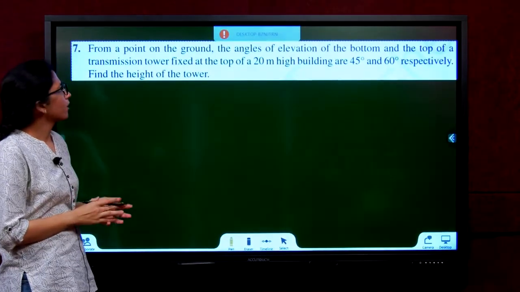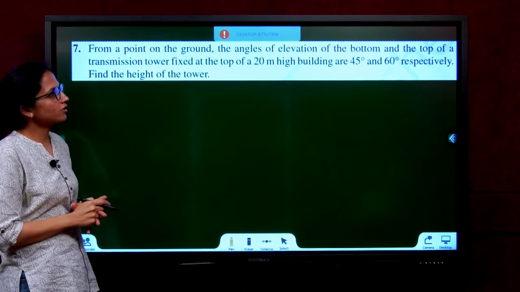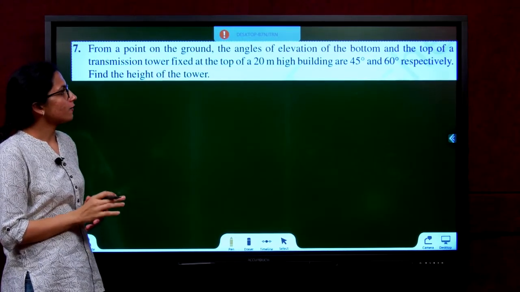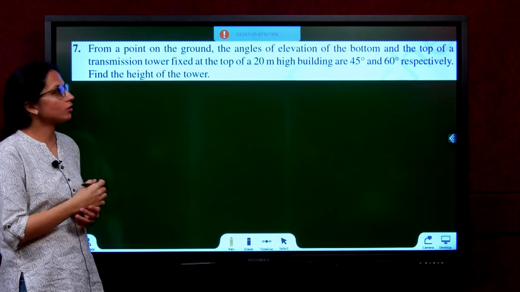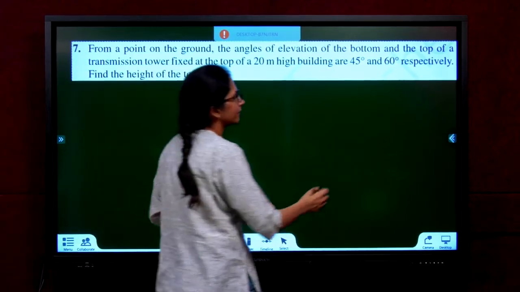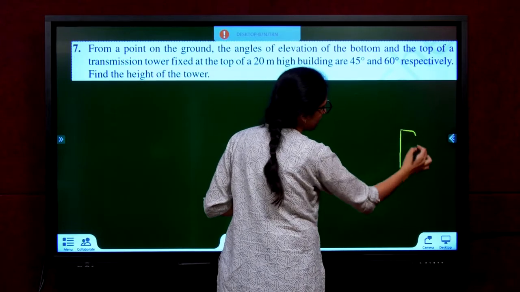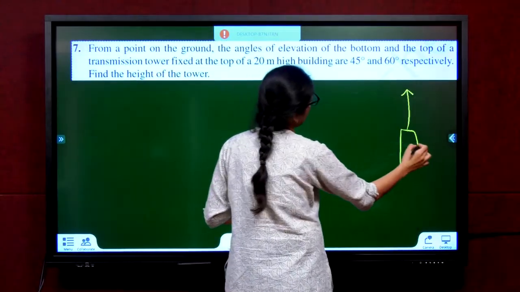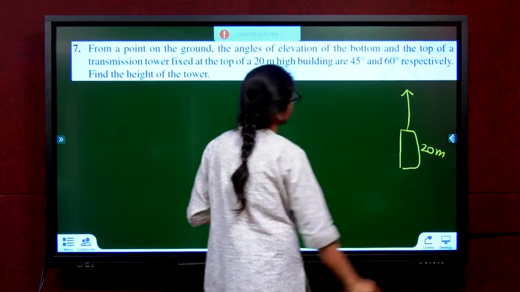Question 7. From a point on the ground, the angles of elevation of the bottom and top of a transmission tower fixed on the top of a 20-meter tall building are 45 degree and 60 degree respectively. First of all, we have a building. On this building, there is a tower fixed. The building height given is 20 meter.